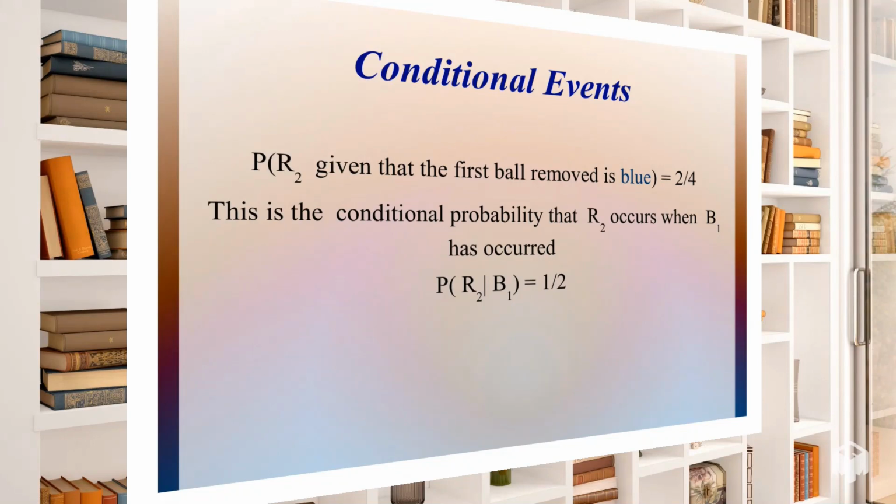And we write that the probability of R2 given that the first ball removed is blue is now 2/4. And this is a conditional probability that R2 occurs when B1 has occurred, written below.